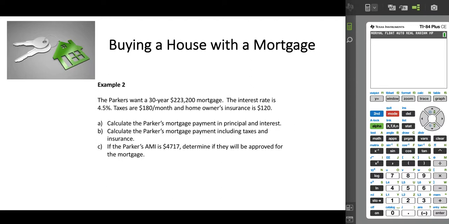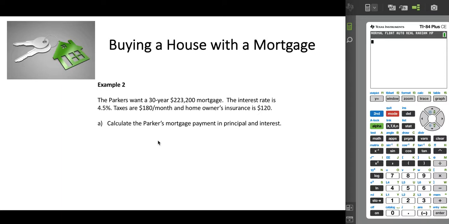And the homeowner's insurance is about $120 per month. What we're going to do is first calculate the Parkers' mortgage payment in principal and interest. Then we're going to calculate the Parkers' mortgage payment, including taxes and insurance. And then we're going to decide if they'll be approved for the mortgage.